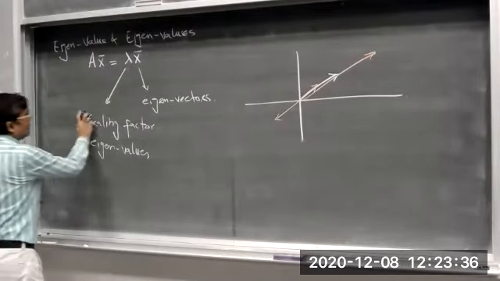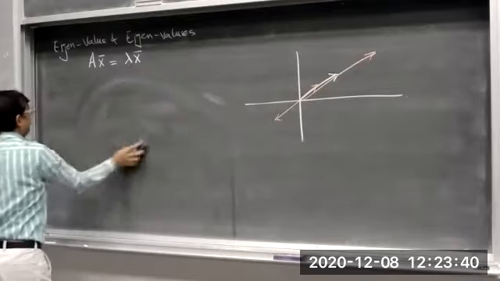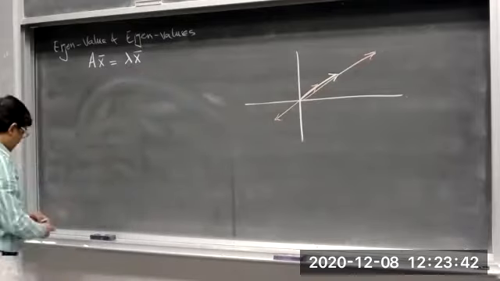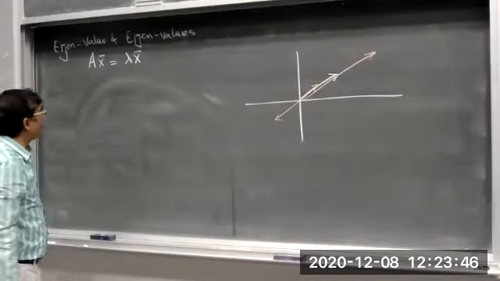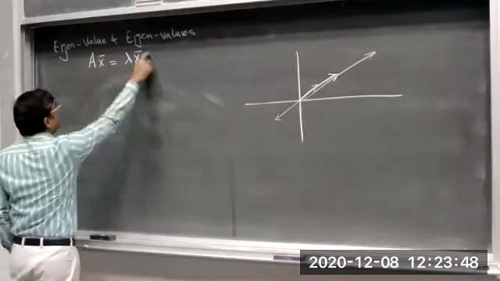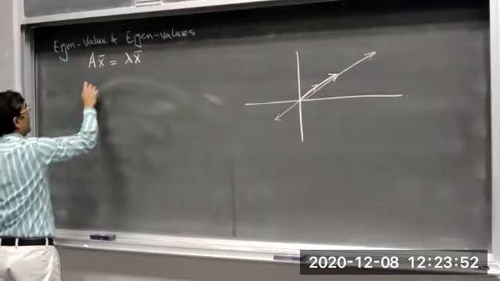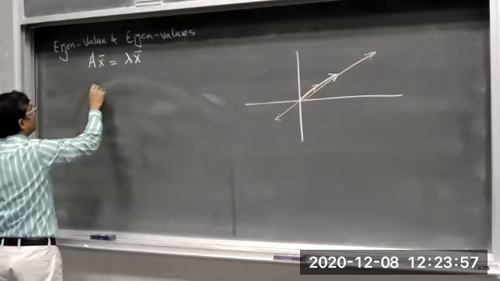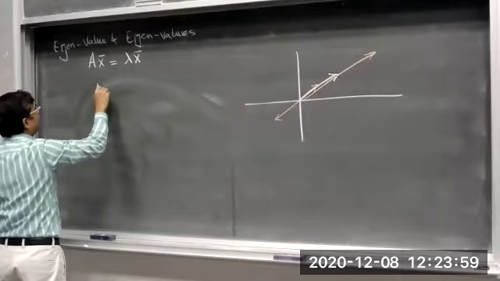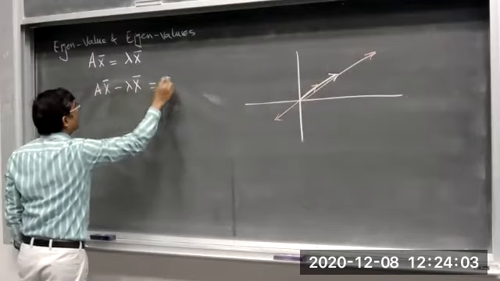Now, let's move forward. How do we find these vectors and values, these scaling values or eigenvalues? This is the basic definition of eigenvectors and eigenvalues. We can take this term to the other side: AX minus lambda times X is equal to 0.